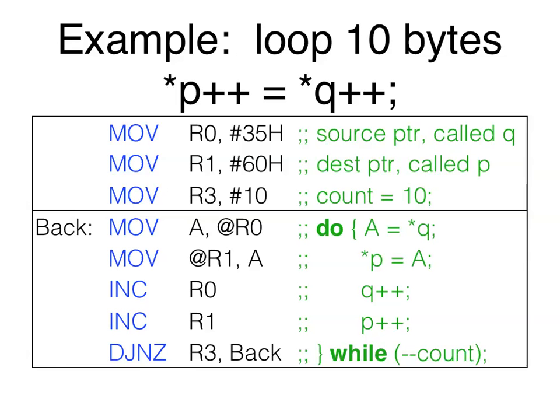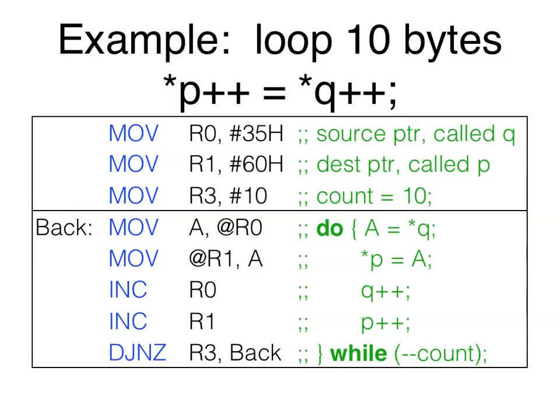So that single C statement translates down to the assembly code you see. Actually the initialization is not there, but it first initializes R0, which is your destination, right? And then R1 is your source.